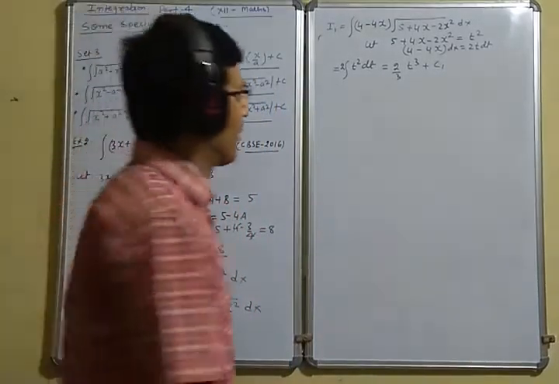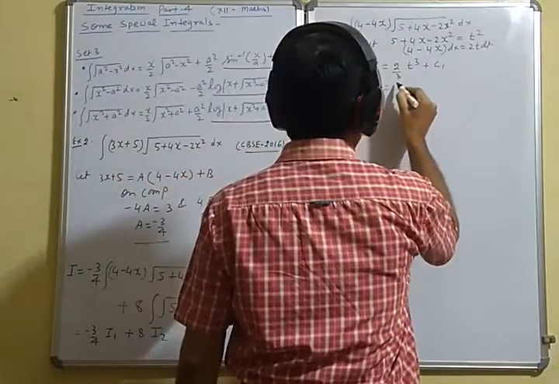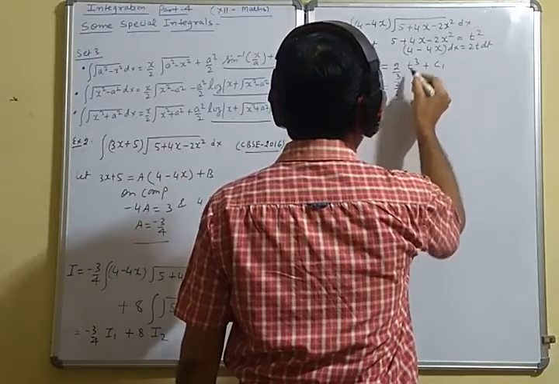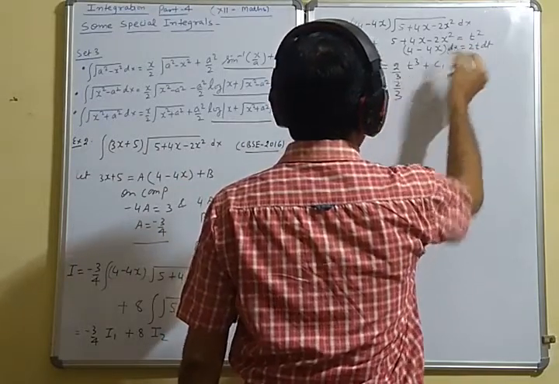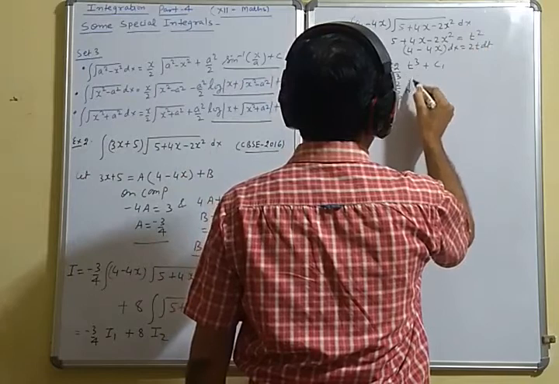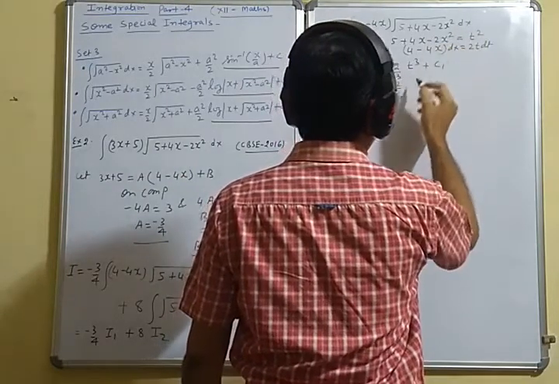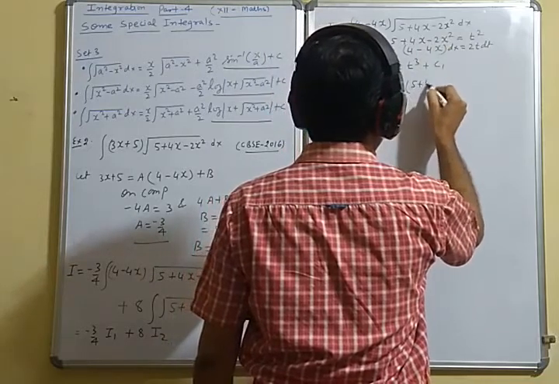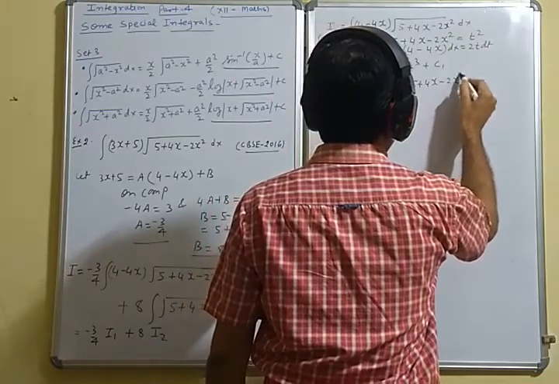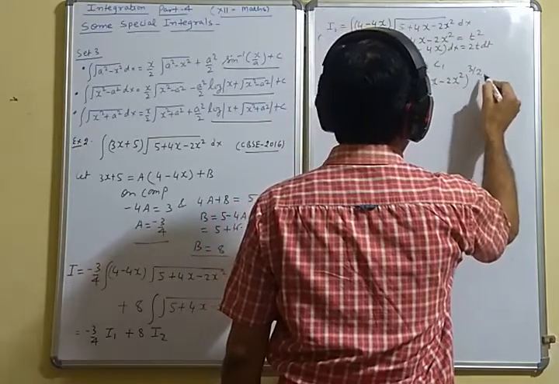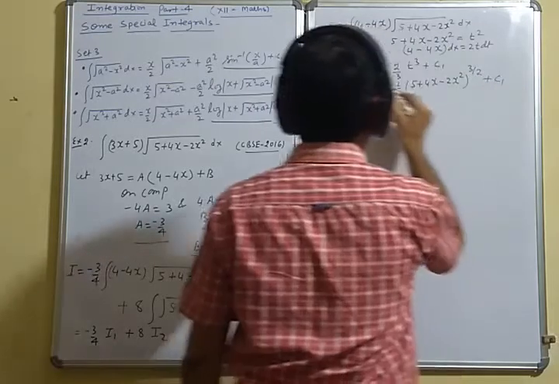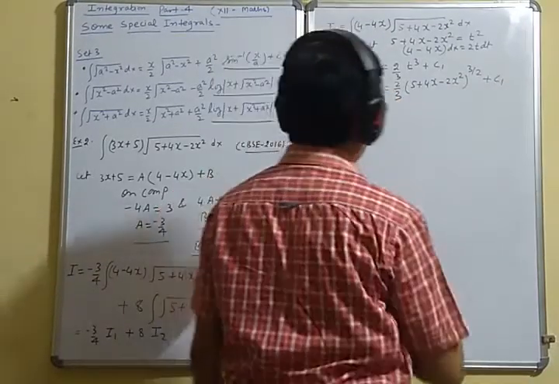So that is 2 by 3, t square is this much, so this is t cube. So this becomes 2 by 3 times 5 plus 4x minus 2x square raised to power 3 by 2 plus c1. So this is the value of I1.